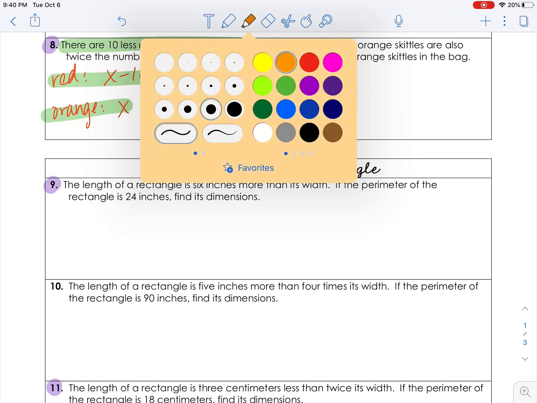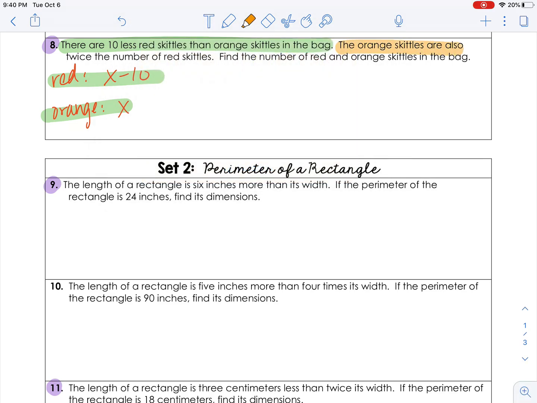The next sentence says, the orange Skittles are also twice the number of red Skittles. Notice that this problem does not give us the total number of Skittles in the bag, so we can't solve this problem like the problems before this one. We have to use the second sentence in a different way.